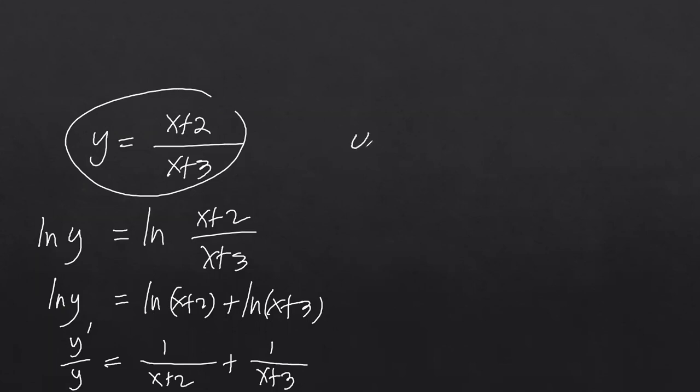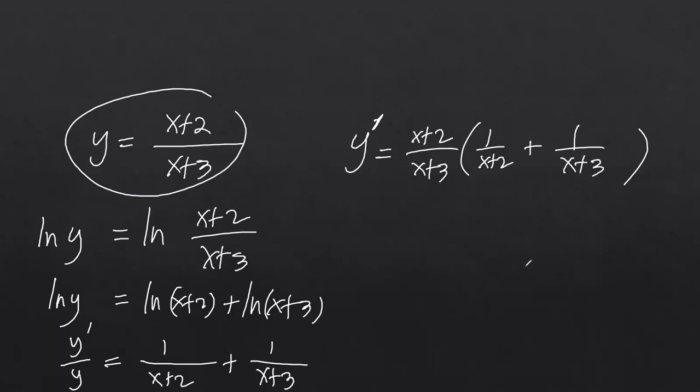So it will become y prime equal to y, because you will just multiply it here. You will be using this directly: x plus 2 over x plus 3 times this portion, 1 over x plus 2 plus 1 over x plus 3.